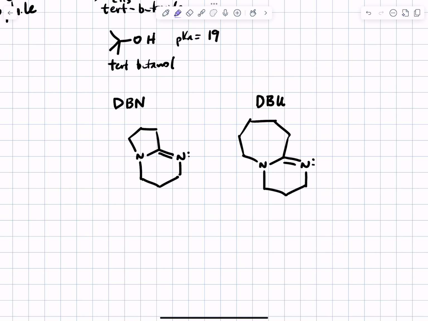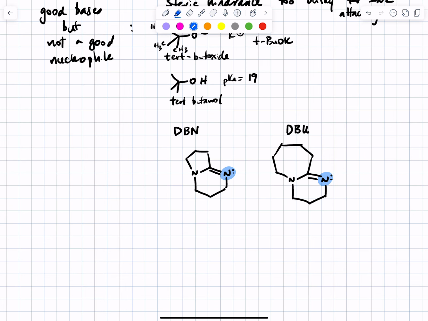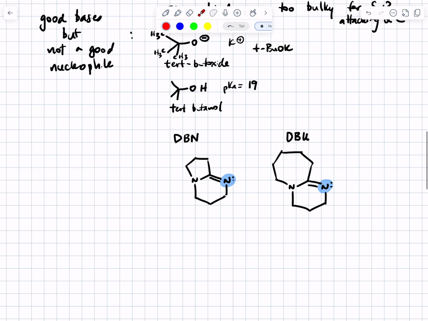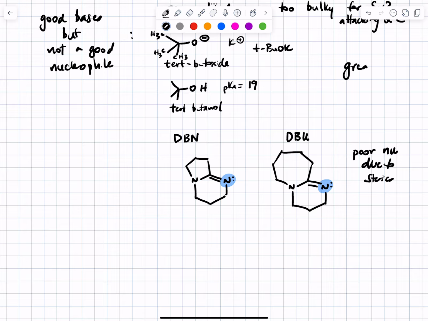It's this nitrogen here that's the base, and the adjacent atoms act as a sort of steric blockade that prevents these from being good nucleophiles. So all of these are poor nucleophiles due to sterics, but they are great bases. Why are they great bases? Because hydrogens are small and easy to attack.